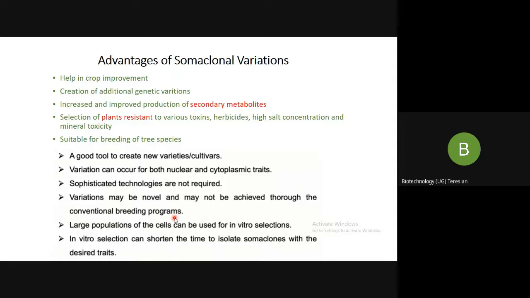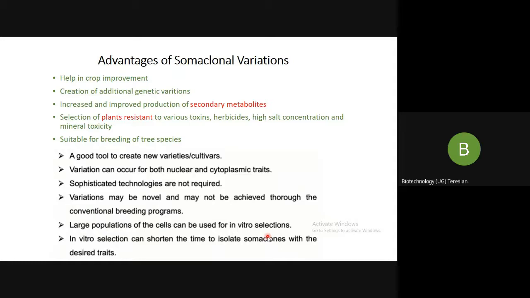You are getting something in plant tissue culture which is very unique, having a unique trait, which is not possible to get from conventional or traditional breeding. Large populations of cells can be used for in vitro selection. That is one of the main important points of our tissue culture.